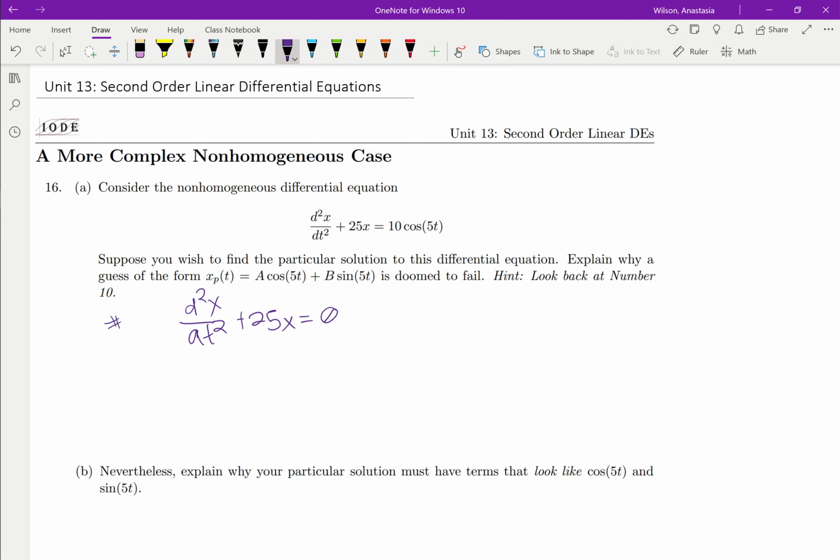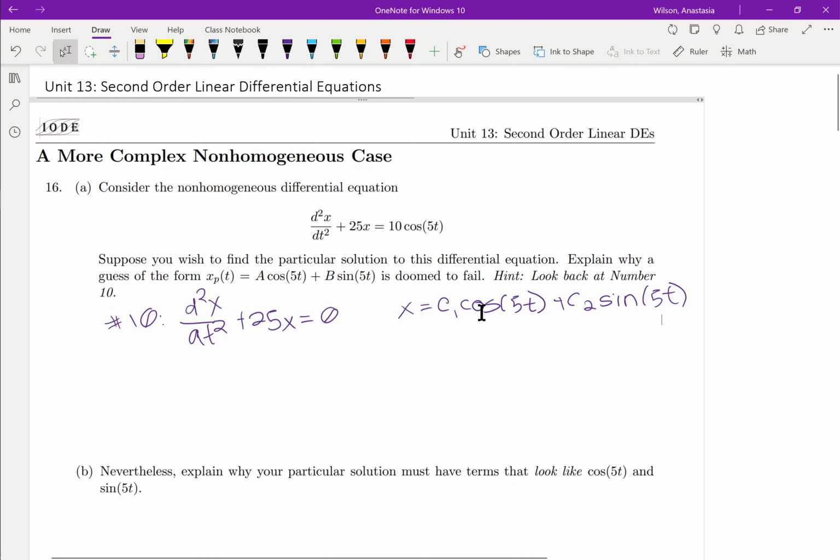We ended up getting some complex roots for this, and we got that our general solution was c1 cosine of 5t plus c2 sine of 5t. And it's possible that I'm mixing up the order there, but it doesn't matter because these are arbitrary constants. So this is what our general solution looked like.